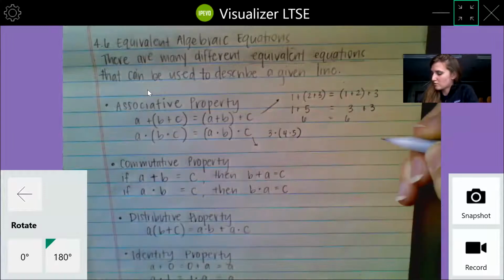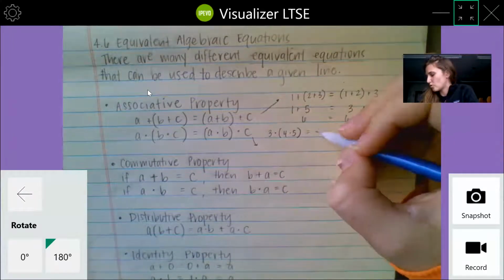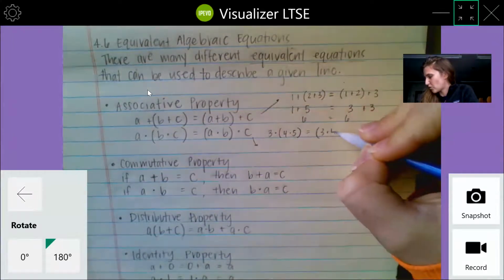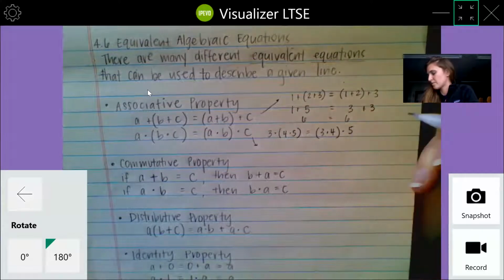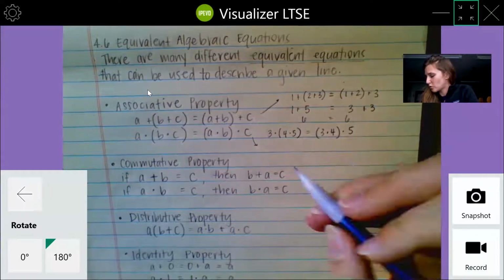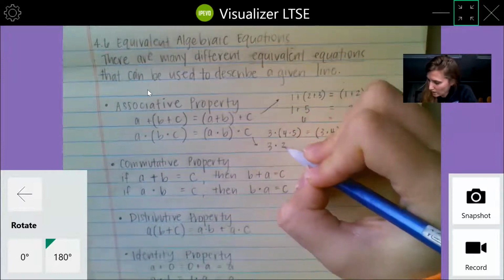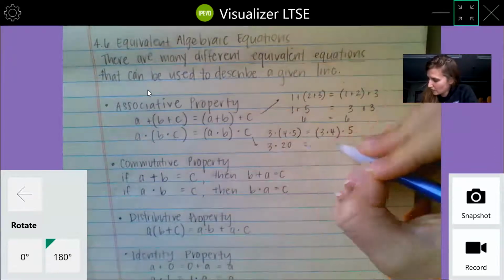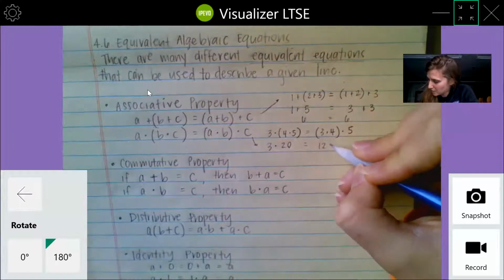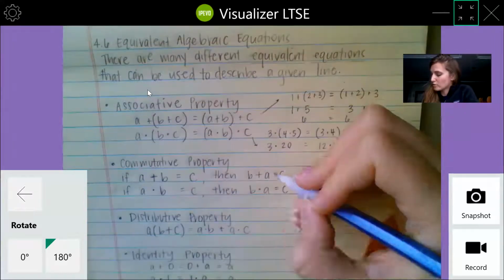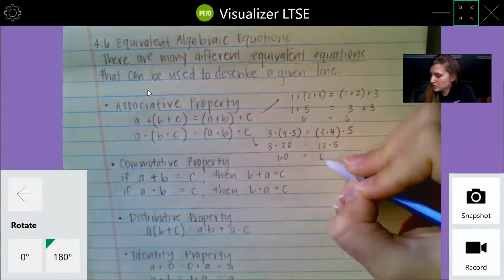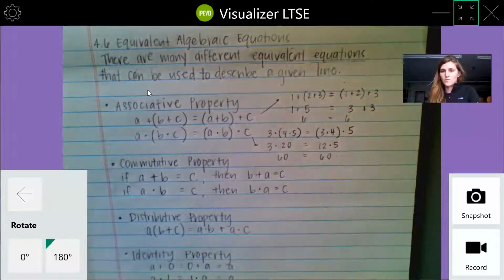And we're saying that should be equal to 3 times (4 times 5). So over here, again, inside the parentheses, we get 3 times 20. And then over here, we'd get 12 times 5. Well, yeah, those are both equal to 60. So that's how that works, okay?